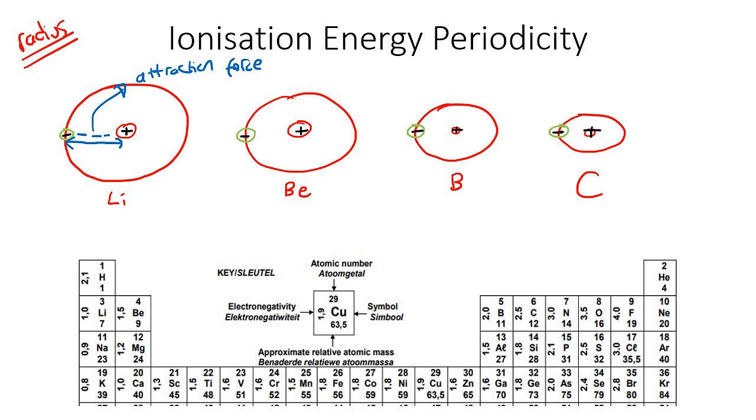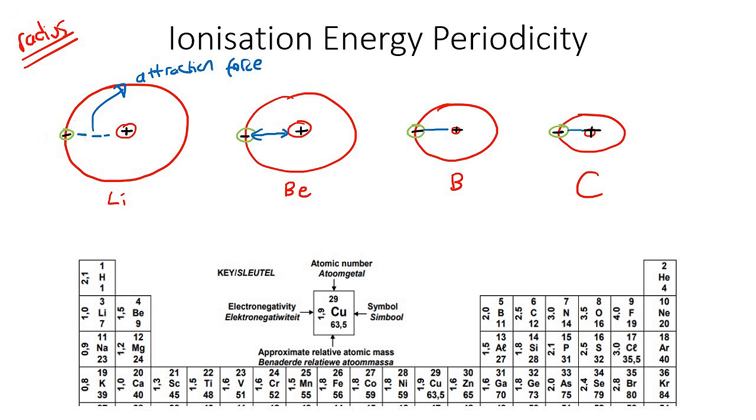Can you see that distance is quite large if you compare it with this distance and this distance and this distance? So what happens is that it is going to be easier to take this electron away compared with, for example, this one over here.